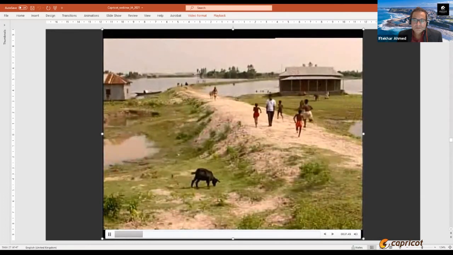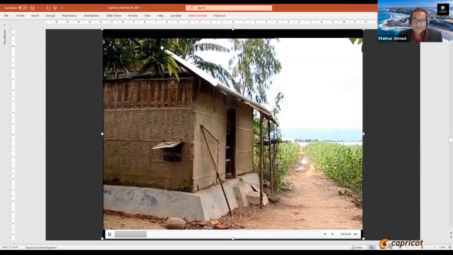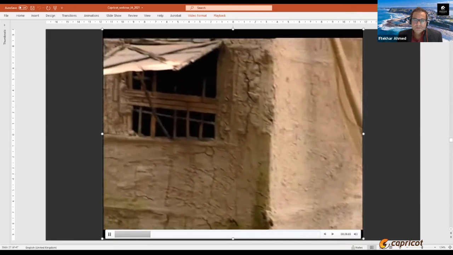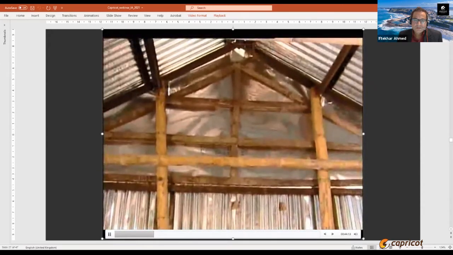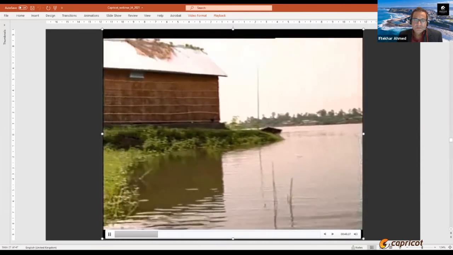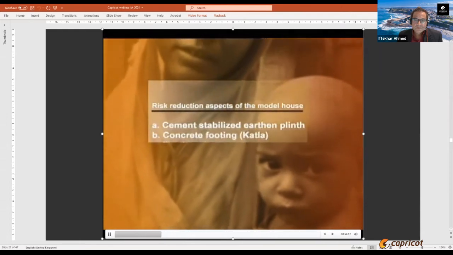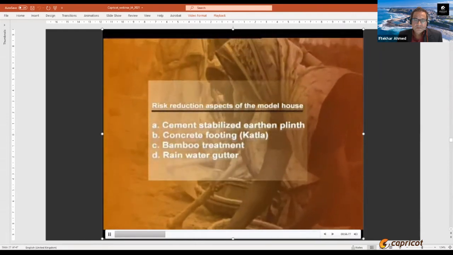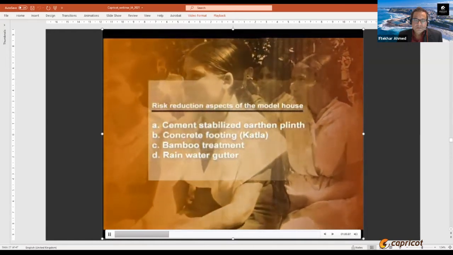After the floods subside, a lot of them cannot find their houses since they have been washed away. To make sure that the houses of the people whose lives are already difficult do not get washed away by the floods, in various project areas model houses have been built. Risk reduction aspects of the model houses are cement stabilized earthen plinth, concrete footing, katla, bamboo treatment, and rainwater gutter.